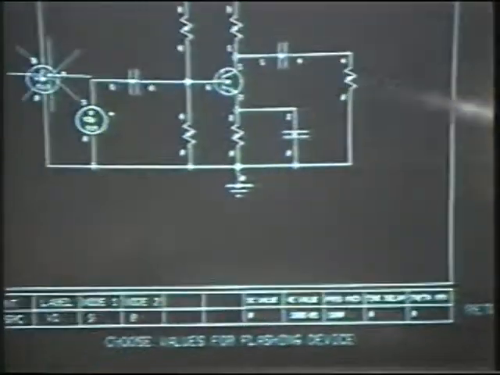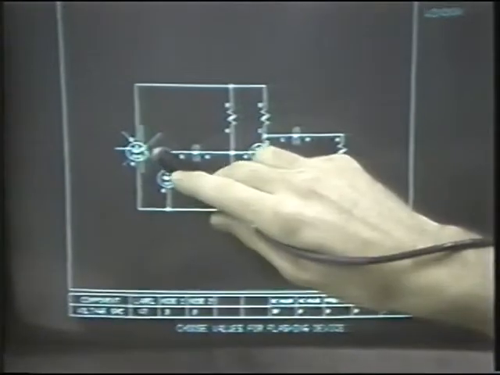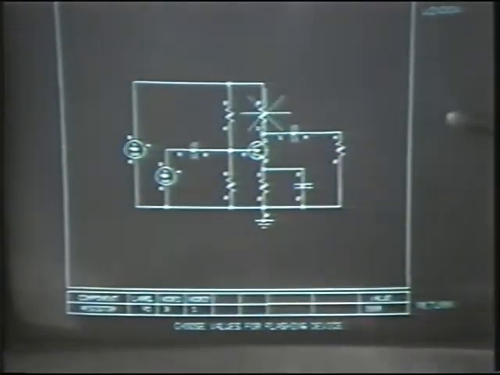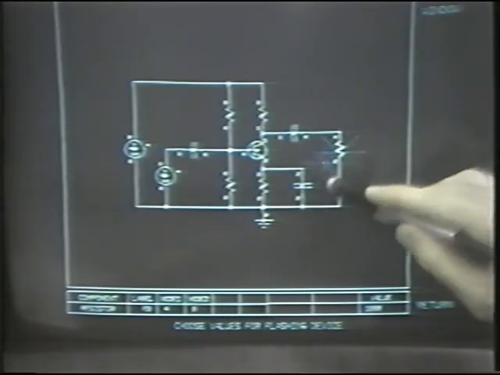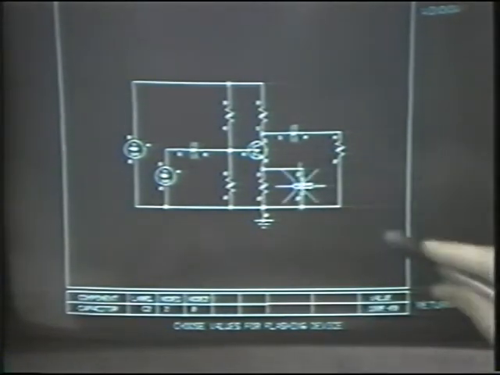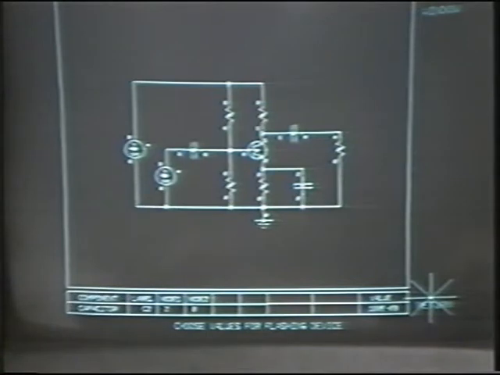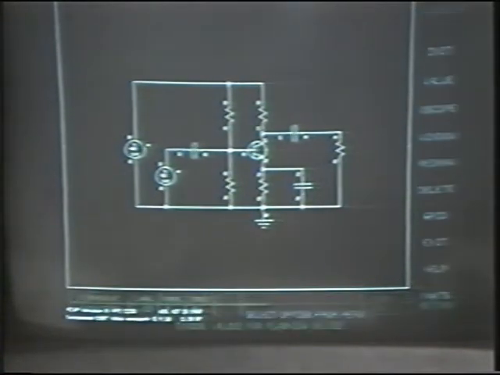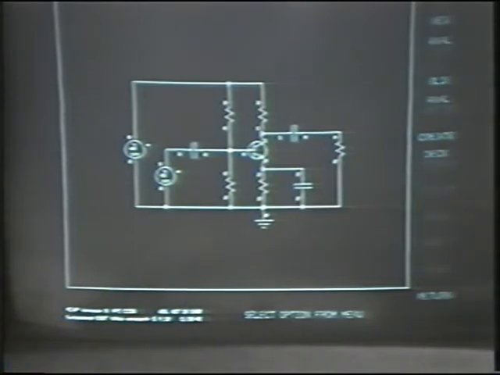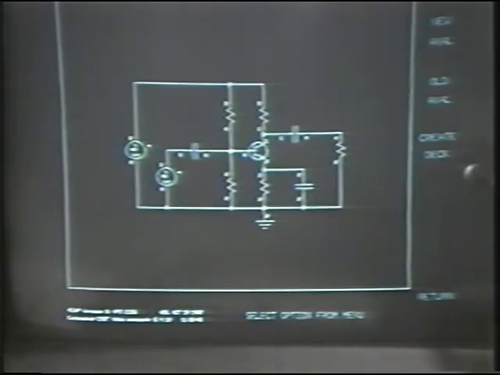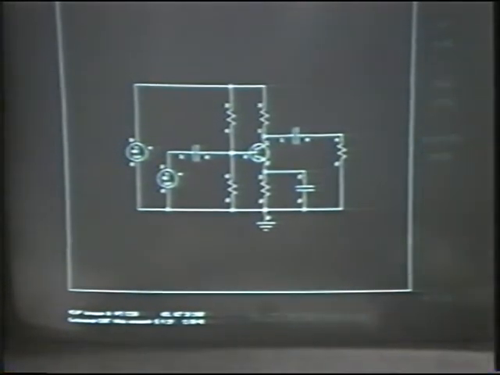I could probe around the other components. When I recalled the circuit, it had pre-assigned values already on it. So all the other values are already installed. Now we're ready to do an analysis. So I select the O-scope option, and since this is a new circuit, I have to generate a SPICE input deck.